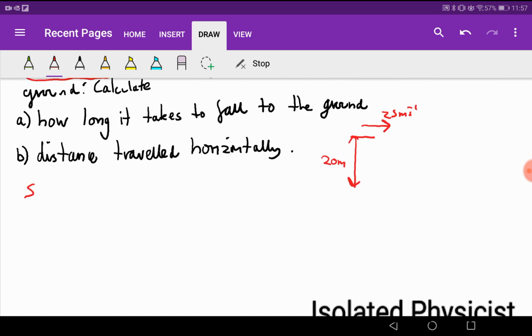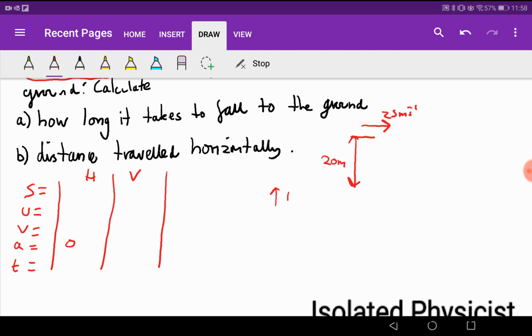SUVAT, horizontal and vertical. Now straight away we know horizontal acceleration is always 0. Let's have positive up.